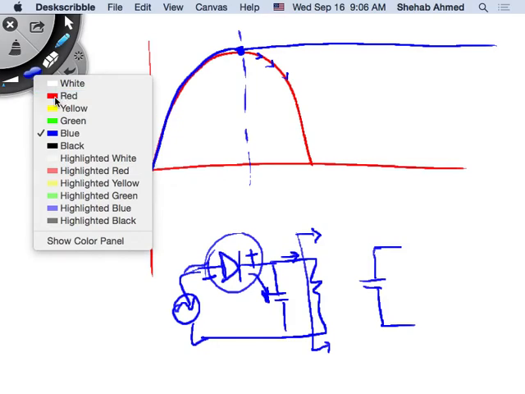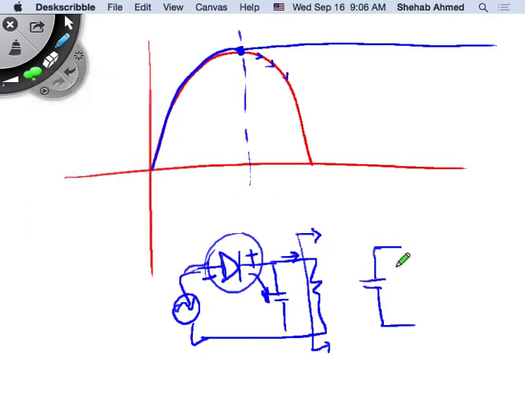But if I now connect a resistor here, what's going to happen to my capacitor voltage? It will decrease, right? You have a capacitor, an ideal capacitor, and then you put a voltage source. Remember when you were doing that?